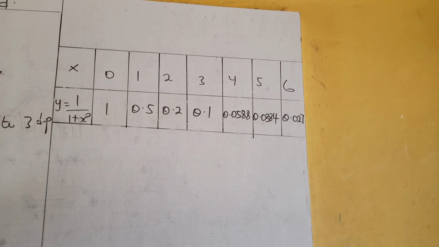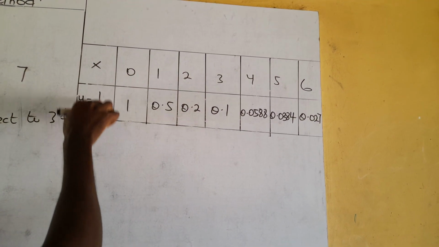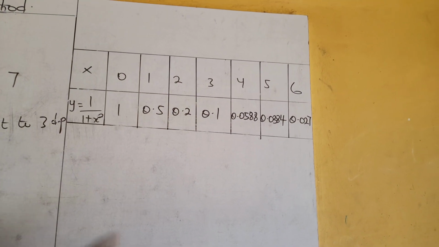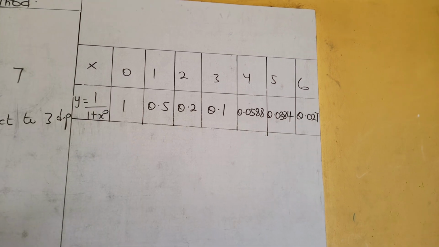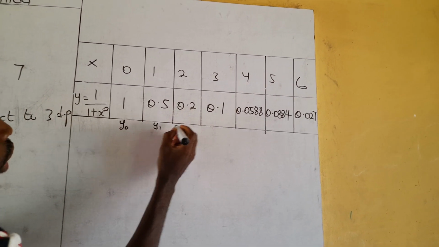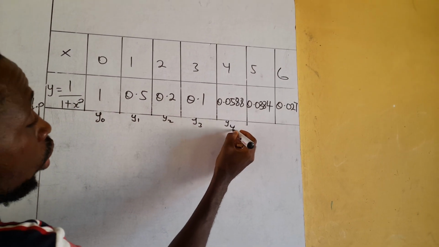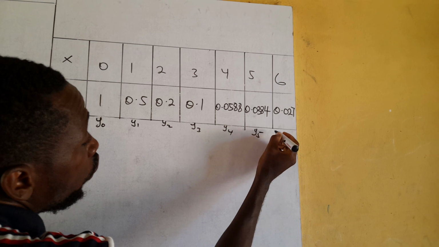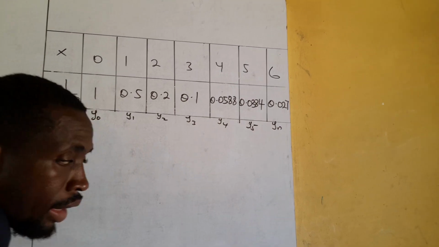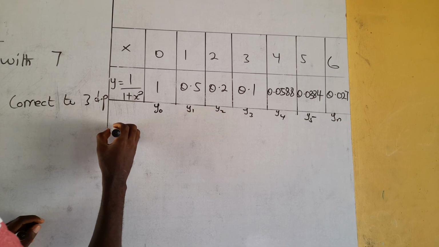And there are corresponding values of y, by substituting the values of x into this function, 1 over 1 plus x squared. These are the values we get. Remember, this becomes our y0, y1, y2, y3, y4, y5, and yn, that's the last one.